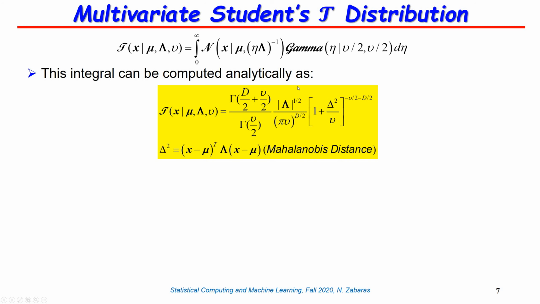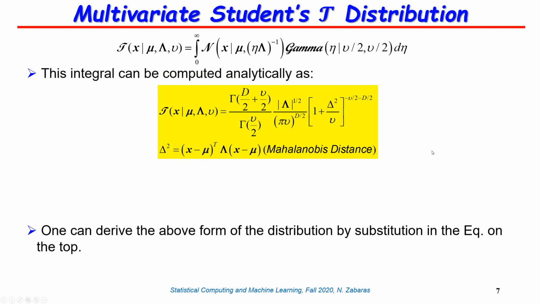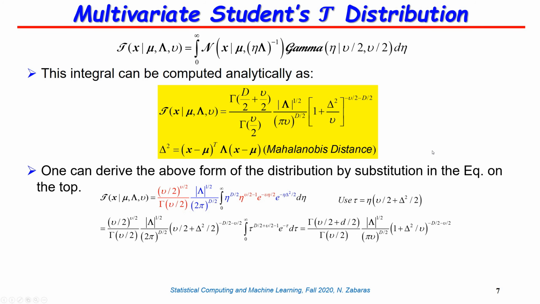Again, how this derivation comes, how this integral gives me this nice form, I am not going to bother you. Here is the derivation. Effectively, if you do some extra transformation of variables, if I go from eta to this new variable tau, not related to what we had before, just put all things together, what you actually get is an integral that is directly computed in terms of the gamma function.